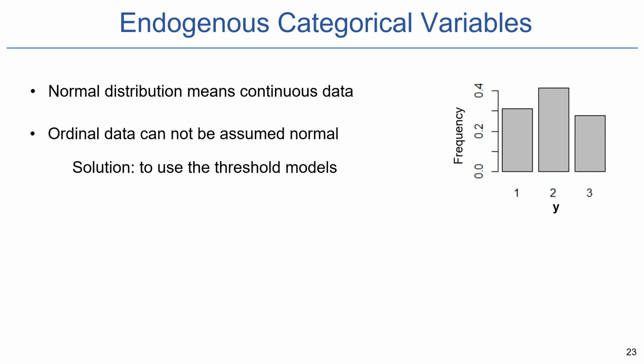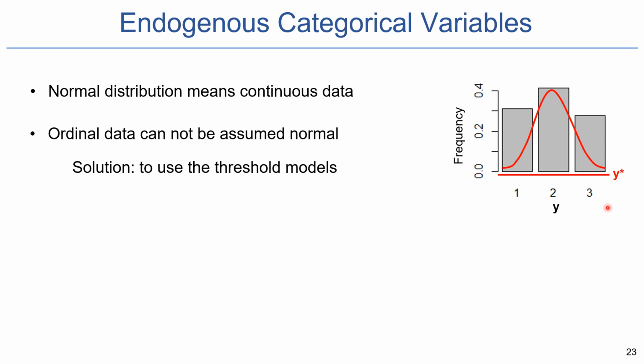In this approach, we assume that our categorical variable y has an underlying hidden variable y star, which is the true variable, but is continuous and normally distributed. So it means that the y variable represents only some partial information about the true variable y star.